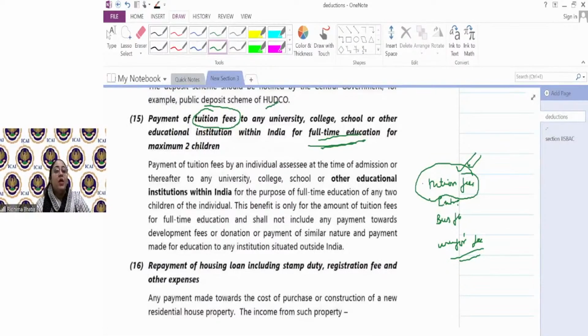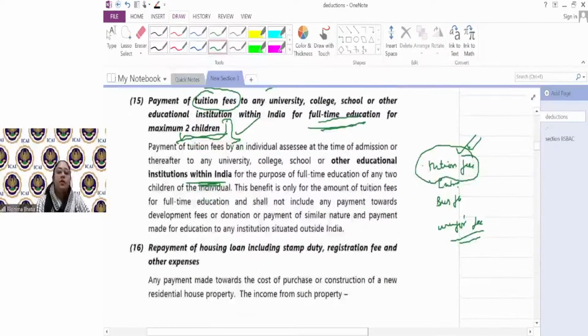So when you are paying the tuition component of fees for any full-time education in India, for the children, I cannot claim this for myself, but for the children, I will claim the deduction for the tuition fee for a maximum of up to 2 children. So tuition fees for a maximum of up to 2 children for a full-time education in India is allowed as deduction under Section 80C.